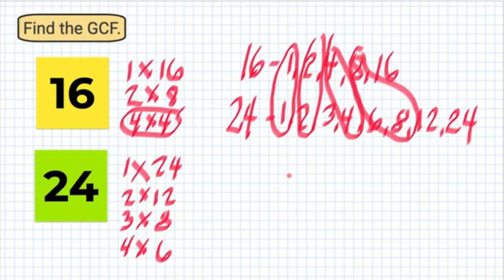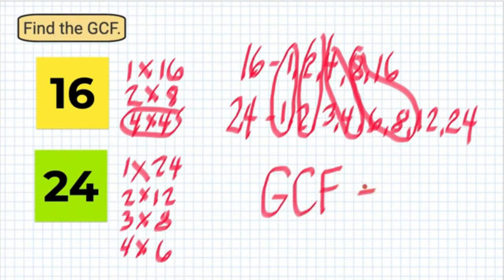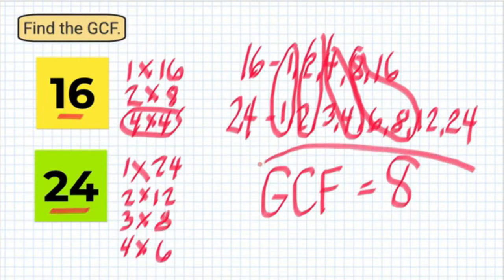But take note, we need to get the greatest common factor among the four numbers, which is the greatest, and the greatest is 8. So therefore, the GCF of 16 and 24, or the largest number that can exactly divide 16 and 24, is 8.